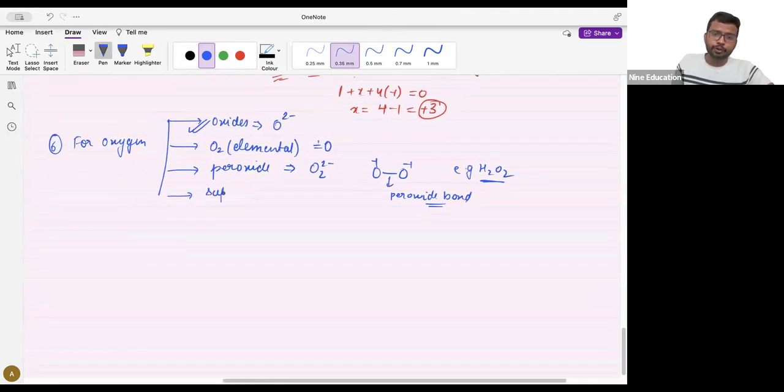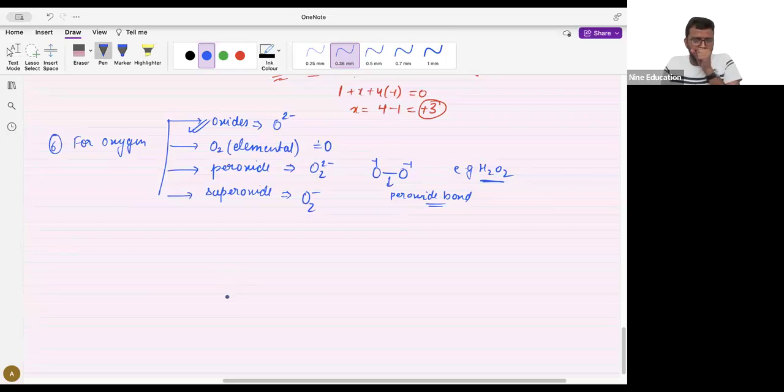Last one, see, you have superoxides also. In superoxide, O2 has minus charge. O2- means on 2 oxygens you have a total of minus 1. So half here, half here. Total will be how much? -1.